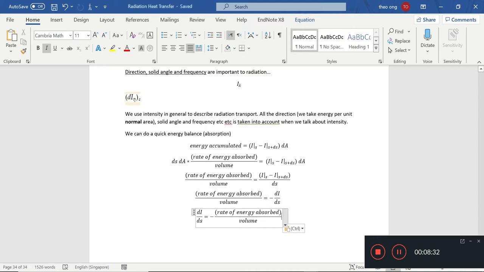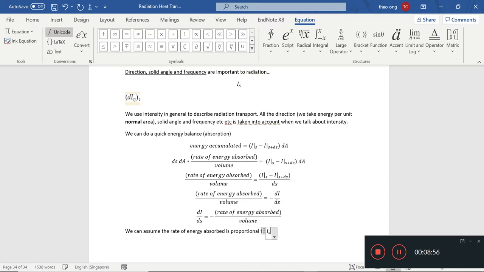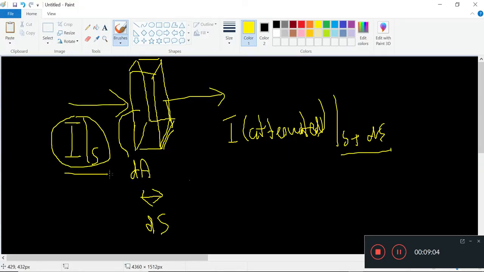And how do we describe this then? What is the rate of energy absorbed? We can assume the rate of energy absorbed is proportional to I at S, or I evaluated at S. So the rate of energy loss will be proportional to this incoming radiation.